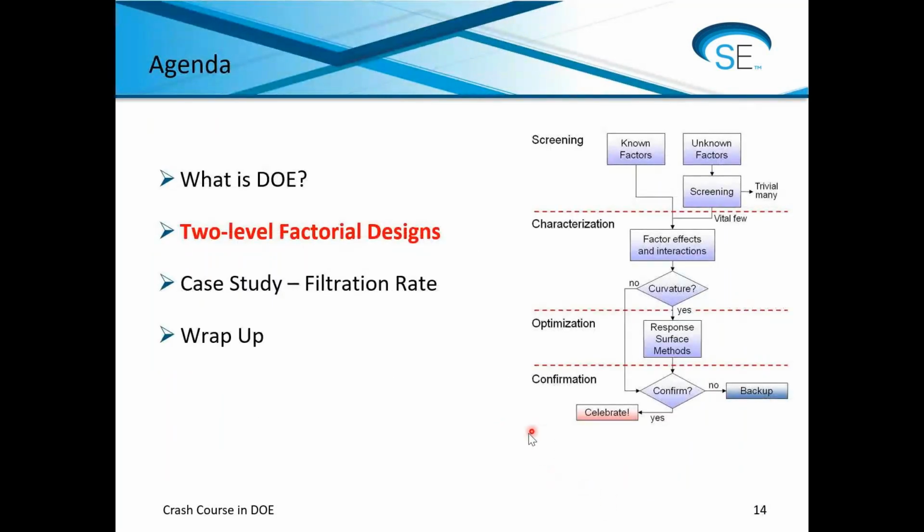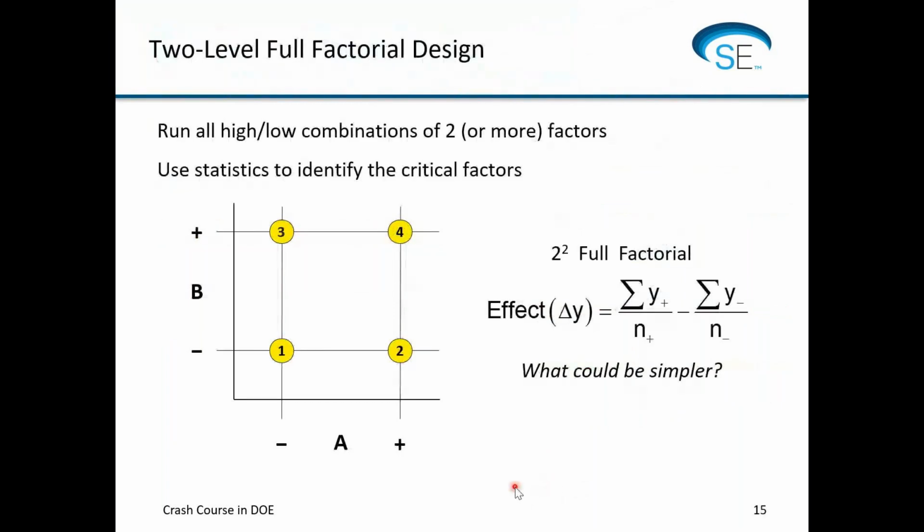So, a two-level factorial design. Let's get into what that would be and how it works. The mathematics was first put together 100 years ago, well before computers, and so it was meant to be something where good results could be achieved with quite simplistic calculations. This is how it works.